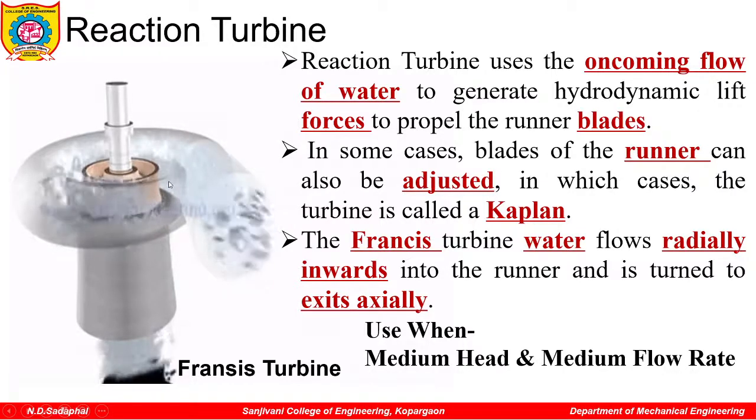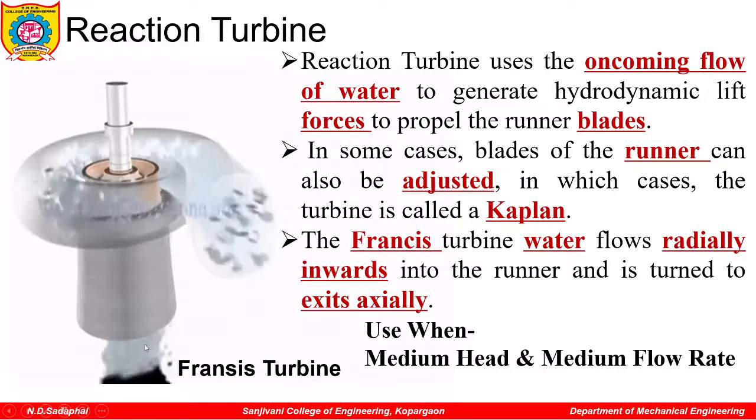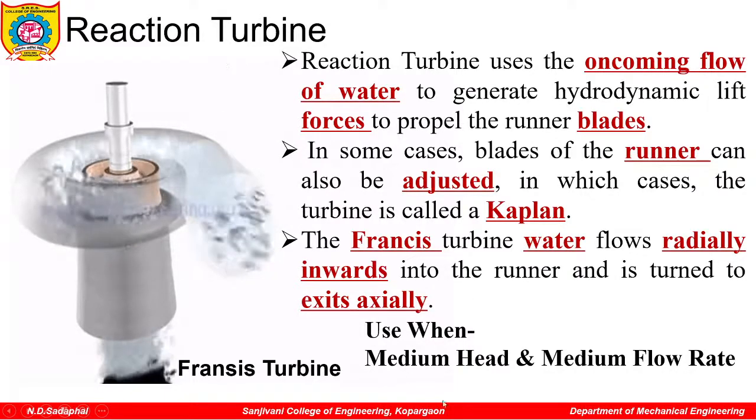Pressure will decrease, velocity will increase, and due to that, blades will move due to this higher velocity jet, and water will exit from this axial portion, and to this shaft a generator is attached, so that electricity will get produced. So generally this reaction turbine, Francis turbine, is used for medium head and medium flow rate.